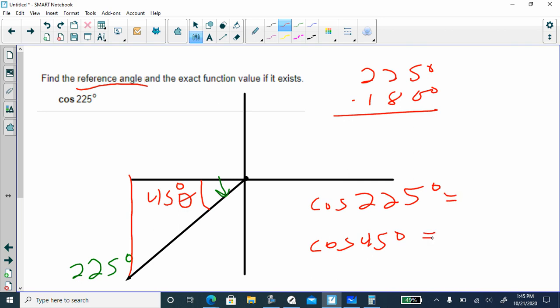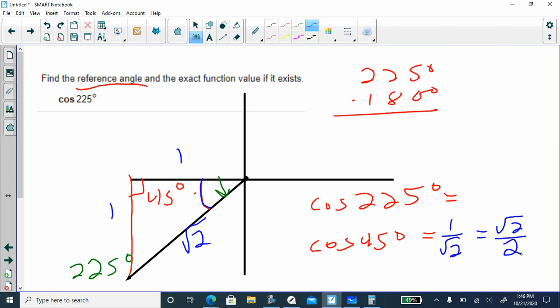So if we think about a reference triangle that is a 45-degree triangle, our reference triangle has sides of 1, 1, and the square root of 2. This is our reference angle here, theta. So cosine from our reference angle is adjacent over hypotenuse, or when we rationalize that, that's root 2 over 2.